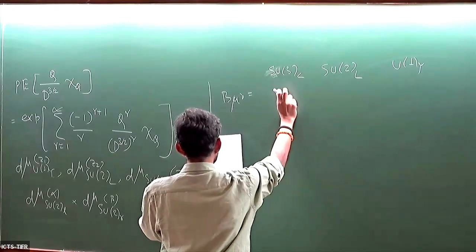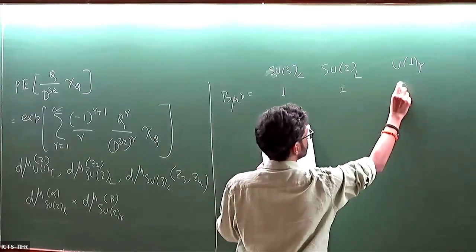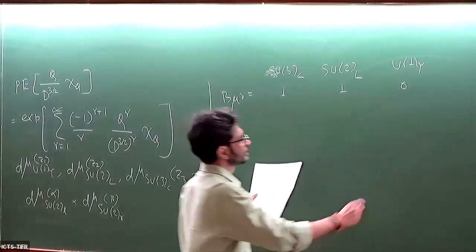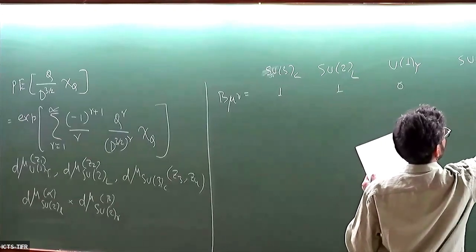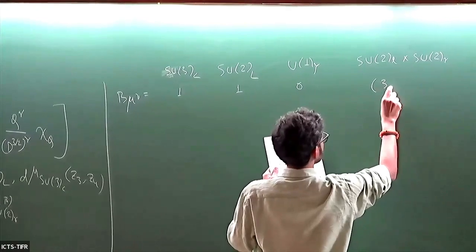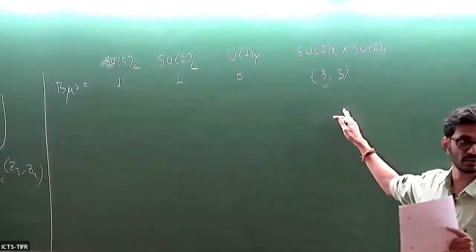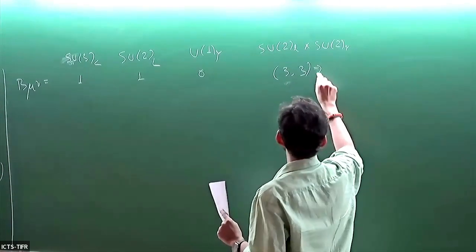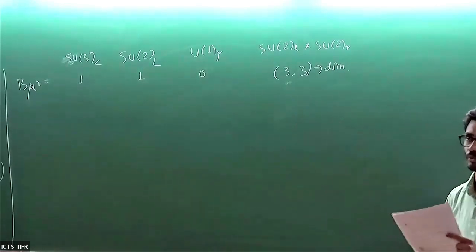Okay, so how does it transform? 1, 1, 0, right? But under SU2L plus SU2R, this transforms as, and this I'm writing in terms of dimensionality. Spin, if you write down, you write as 1, 1, but remember, this is not the spin, this is the dimensionality. You can write down 1, 1.